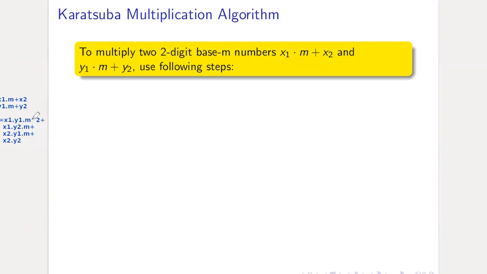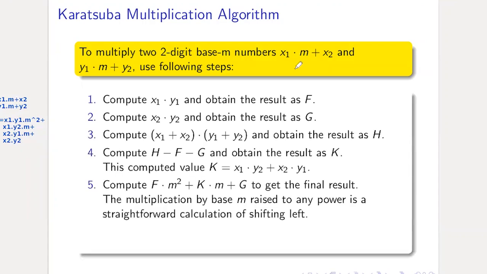If it is m squared, you shift twice. So shift is a very fast operation, but multiplication is a very slow operation, because it's like repeated addition. So there are 4 multiplications required. Now let's see what happens with the Karatsuba algorithm.